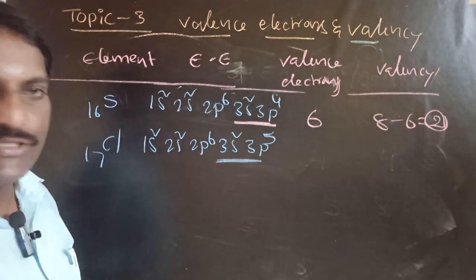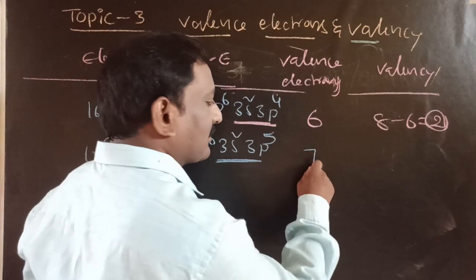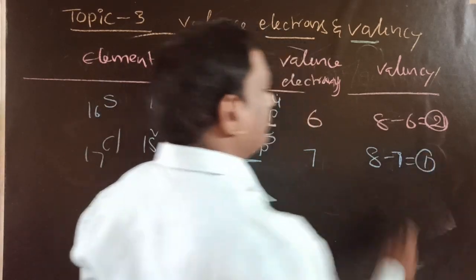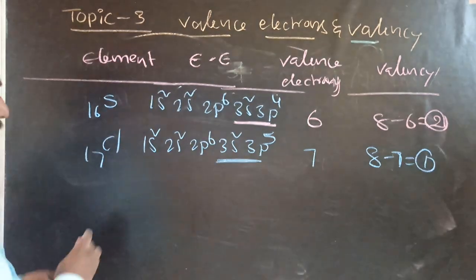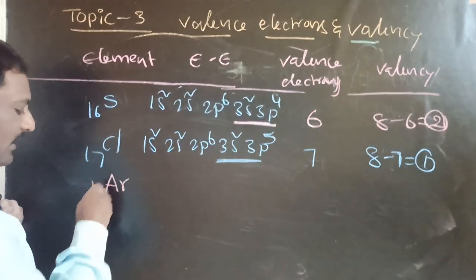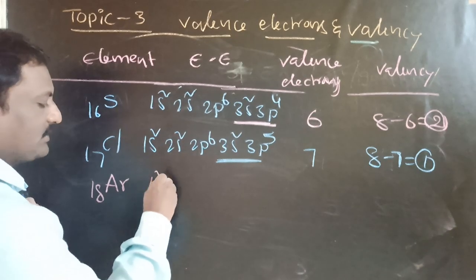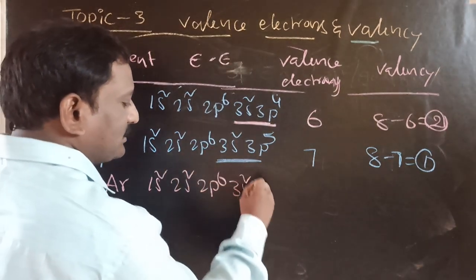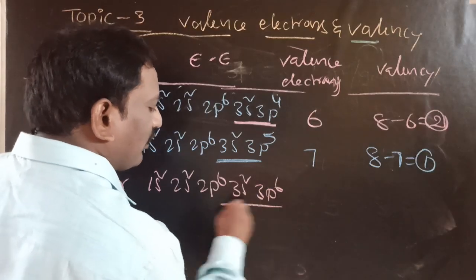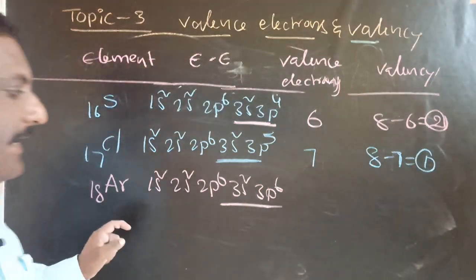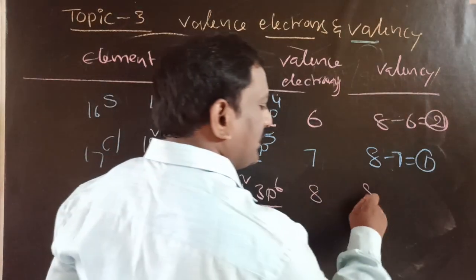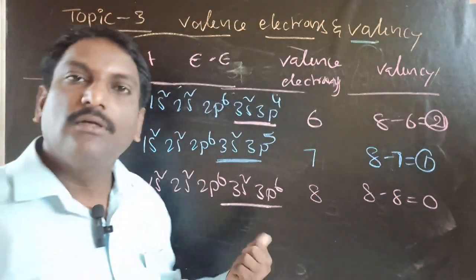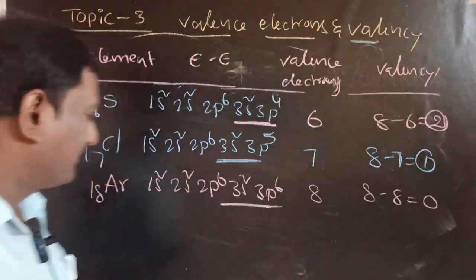Third shell will be the valence shell. So valence electrons 7, the valence 8 minus 7, that is 1. Next one, argon, 18, 1s2, 2s2, 2p6, 3s2, 3p6. Third shell will be the valence shell. 8 electrons are there. 8 minus 8, 0. Because argon is also considered a noble gas.